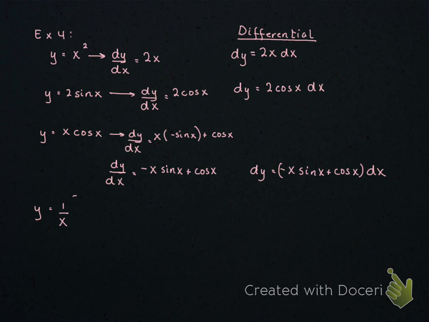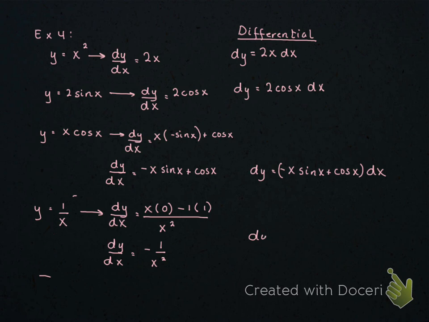Okay, and then y equals 1 over x uses the quotient rule. So dy dx is equal to x times the derivative of 1 minus 1 times the derivative of x all over x squared, which gives us that dy dx is equal to negative 1 over x squared.